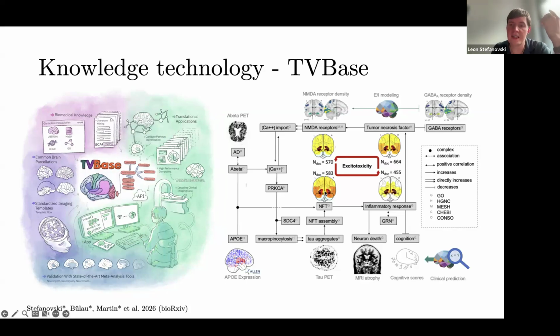And this finally came up with a quite classic vicious circle, where we see how amyloid beta, through activation of calcium, leads to neurofibrillary tangles, and these lead to neuroinflammation. The inflammation leads via the tumor necrosis factor to an activation of NMDA receptors and an inhibition of GABA receptors, leading to more excitation, leading to more calcium, and we come back to the loop.